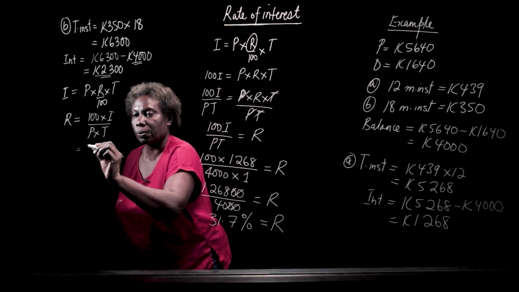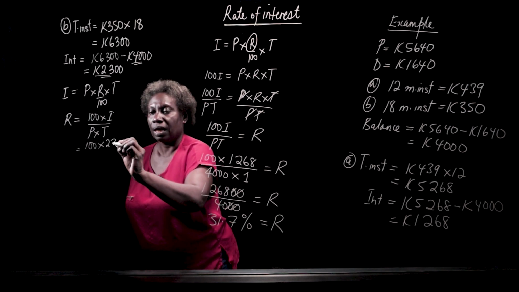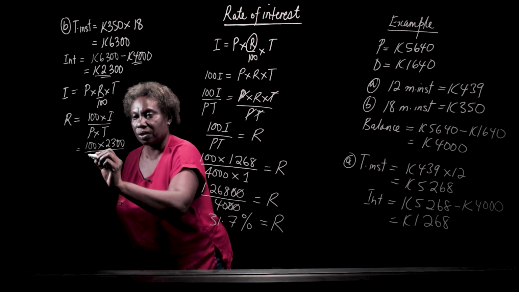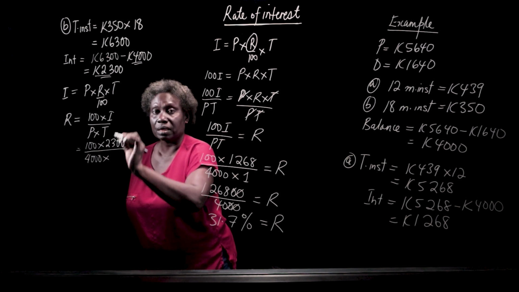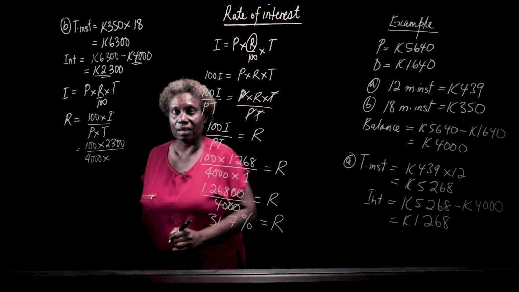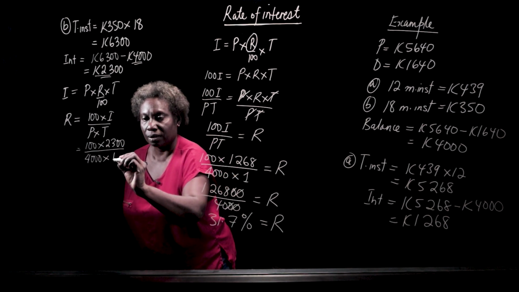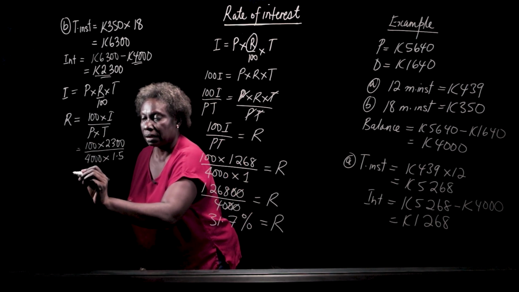We know that the interest is 2,300 kina, the principal is 4,000 kina, and time, we have 18 months. So 18 divided by 12 is 1.5. So our term is 1.5.